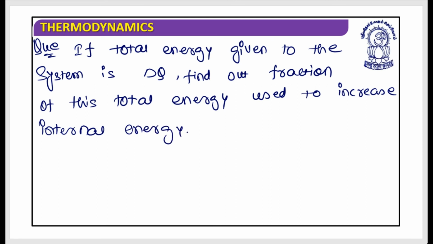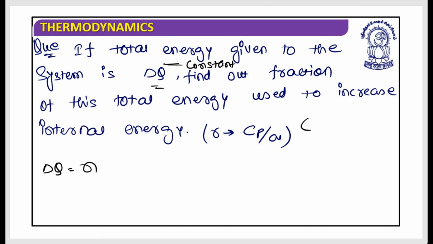How will we do this? Let's assume gamma is Cp to Cv. We have been given the total energy, and that total energy would be delta Q. I need to find out the fraction of this total energy used to increase internal energy. Let's suppose this delta Q is given at constant pressure.